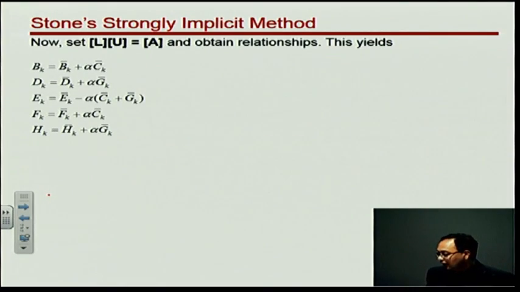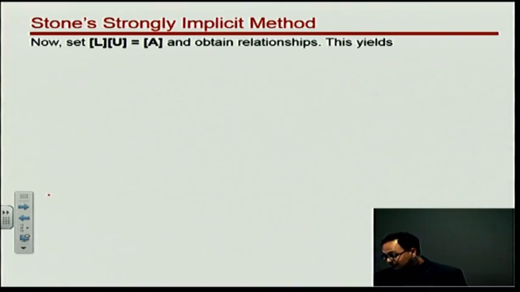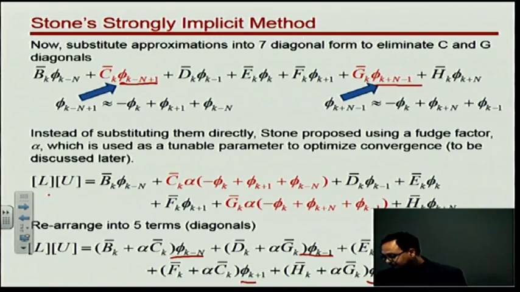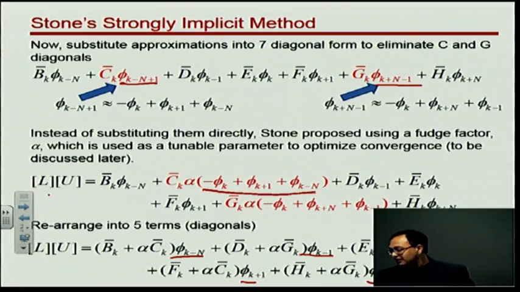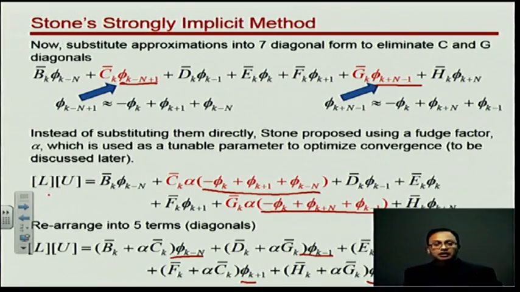Now, what Stone also did, I forgot to mention that, you see this alpha floating around. What he really did was, he said, well, these are approximations that came out of the Taylor series expansion. They are not exact. So I'm going to pretend that I introduce another fudge factor alpha, which is a value close to 1, because 1 would give us exactly what I got out of the Taylor series expansion.